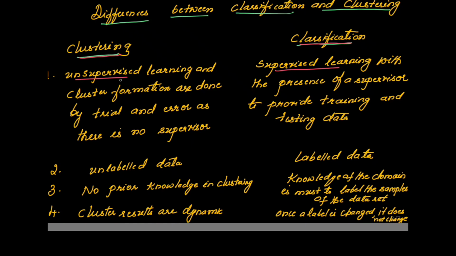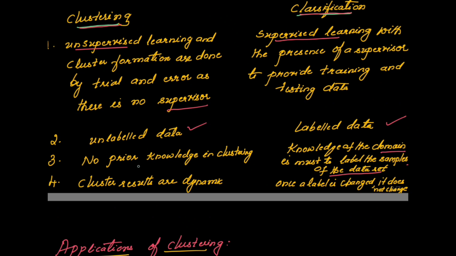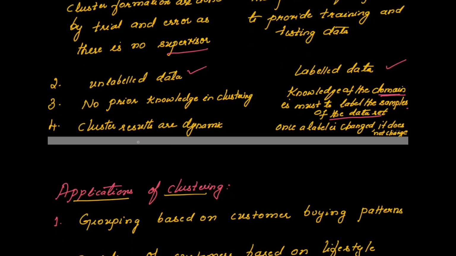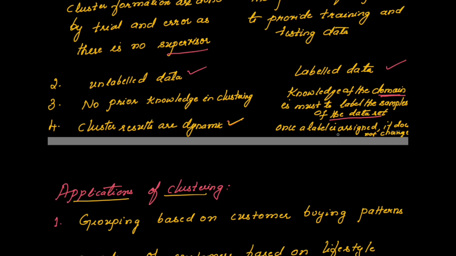In the case of clustering, there is no labeled data set. Based on the characteristics of the data point, you are trying to group, and this is done based on trial and error. In clustering, no prior knowledge is needed, whereas in classification, knowledge of the domain is a must to label the samples of the data set. Cluster results are dynamic, whereas in classification, once a label is assigned, it does not change.